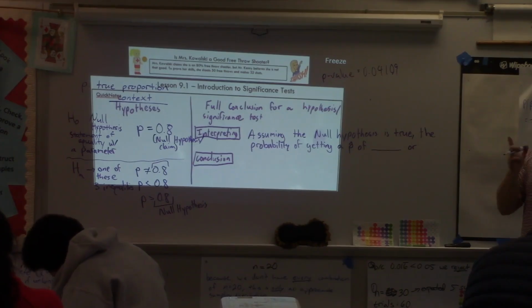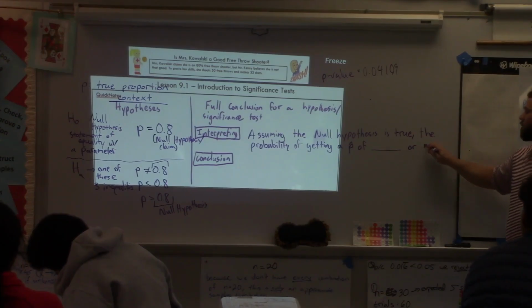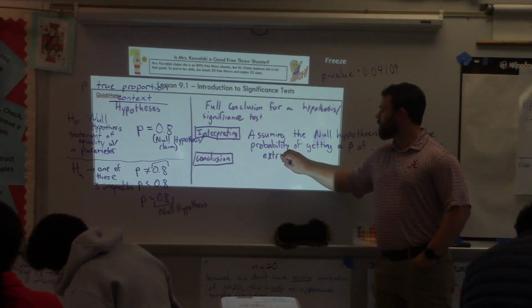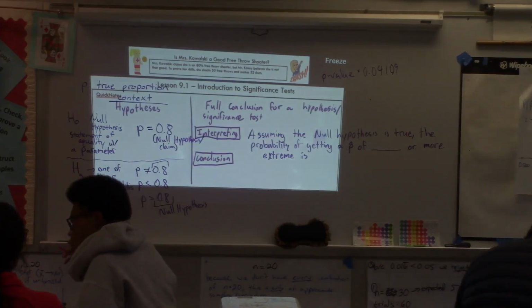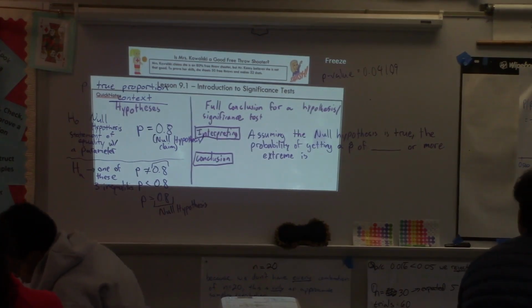Do not forget, it's not just getting that p-hat, because it's a continuous random variable, the probability of getting exactly that p-hat is 0. But the probability of getting that p-hat or more extreme is what? Our null hypothesis was 0.8.